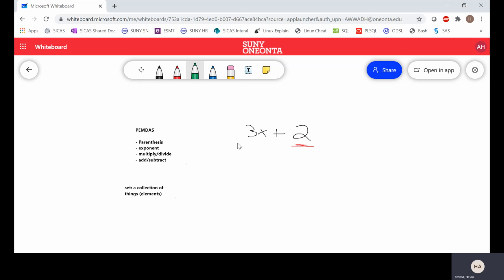And last but not least, our coefficient, which I'll denote with green here, is going to be 3. And the reason that, again, we can make the differentiation between constant and coefficient is that our coefficient is multiplied against the variable. Hopefully that all made sense for you guys.